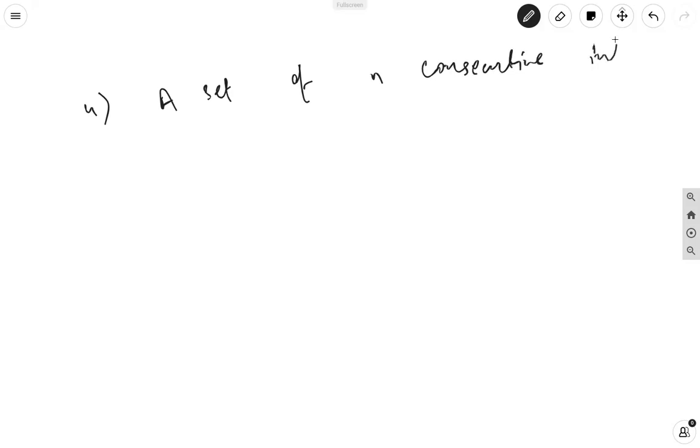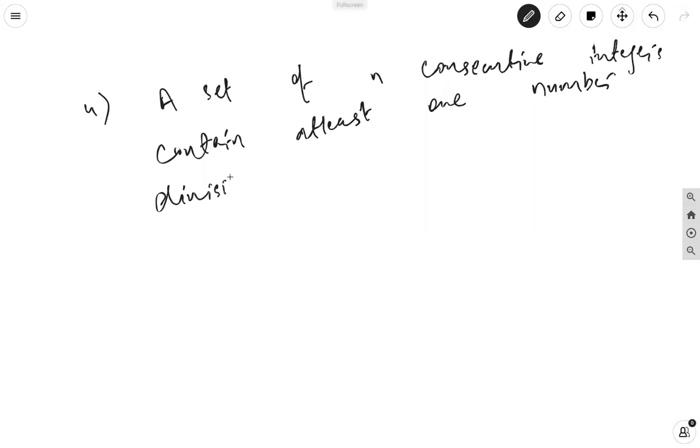There is one more property: a set of n consecutive integers contains at least one number divisible by n.